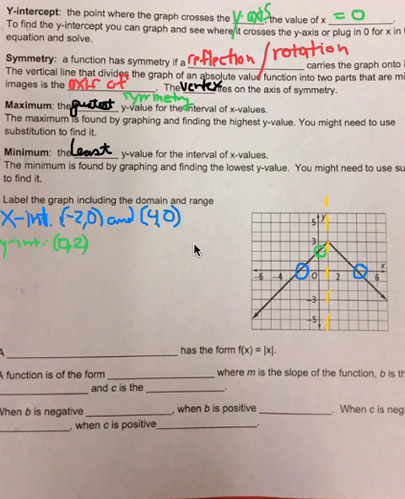So I'm just going to label it AOS, axis of symmetry, and it's at x equals 1. Like I said, you can always find it by looking at your vertex as well. And we'll talk more about vertices later. But it's on x equals 1.